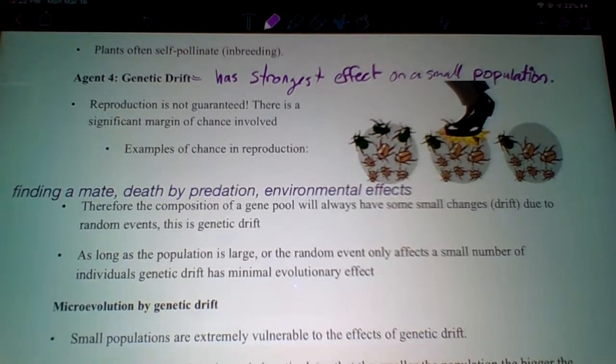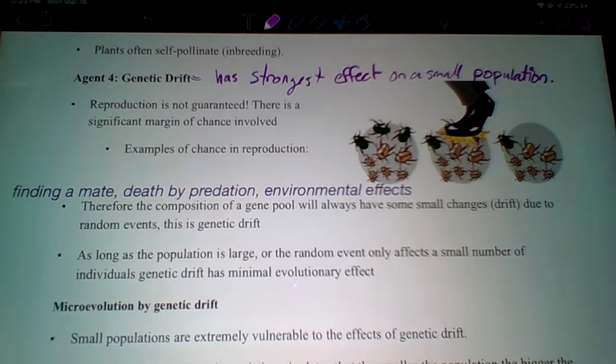Meanwhile, something like the whooping crane, which at one point there was only 15 in the whole world, that population is very small. So a random event like a shift towards a couple of degrees warmer or colder, or a longer winter or a shorter winter, could have a huge impact.